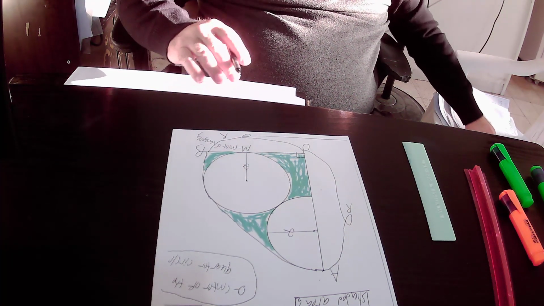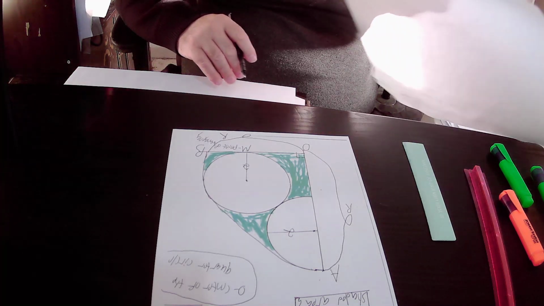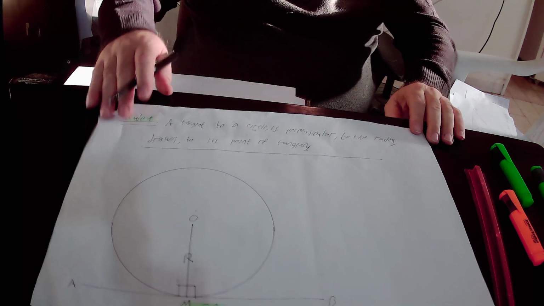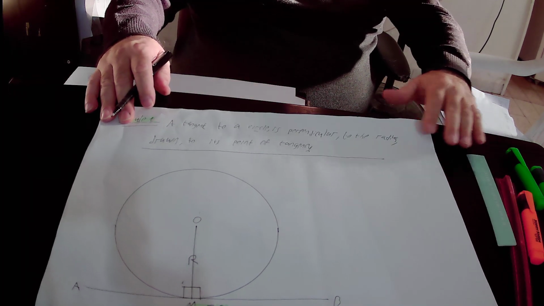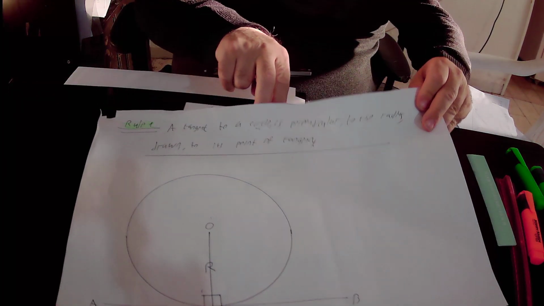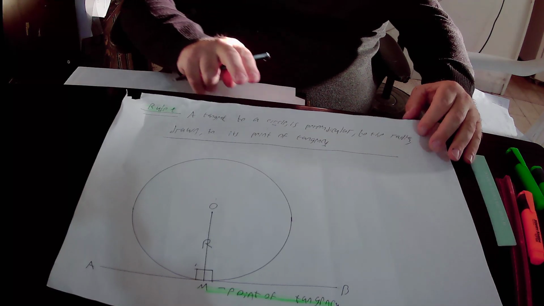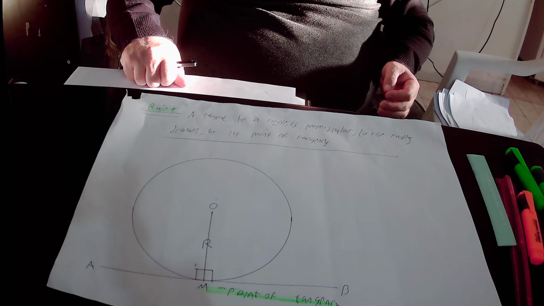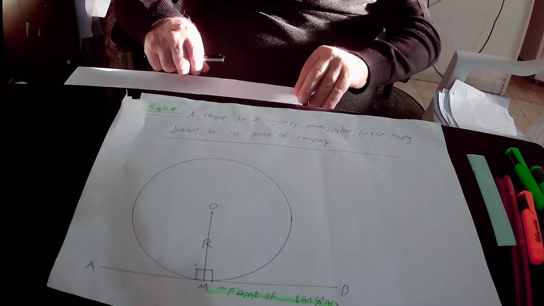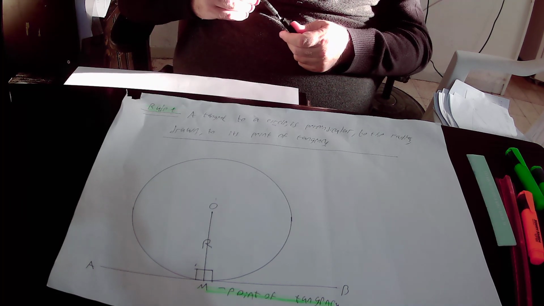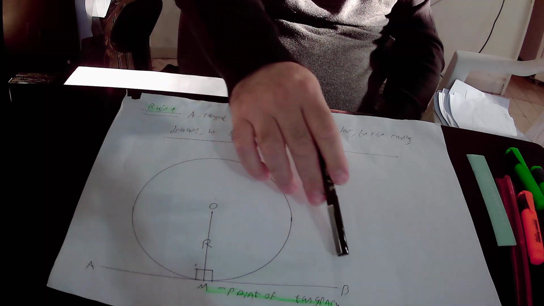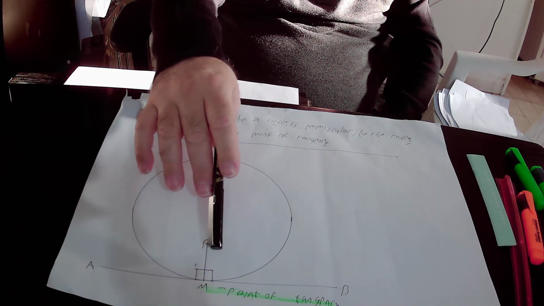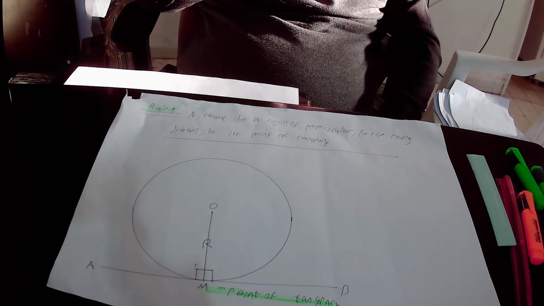Okay, and we also have rule number 1 that states that a tangent to a circle is perpendicular to the radius drawn to its point of tangency. So here we have tangent AB, which is tangent to this circle at point M. Point M is the point of tangency.